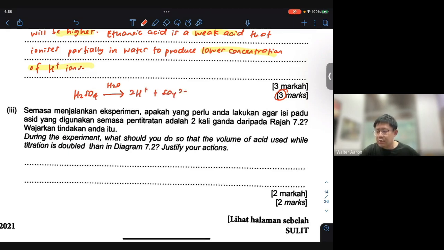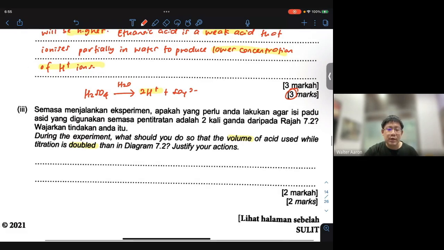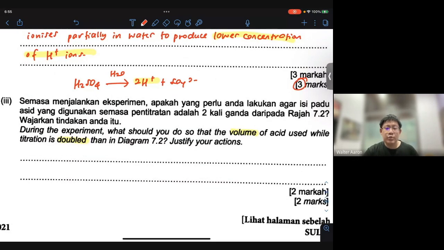Okay, so therefore, in order for us to use double the volume but maintain the same concentration, you can actually use a monoprotic acid, such as hydrochloric acid or nitric acid. Otherwise, you have to reduce the concentration of the H2SO4.